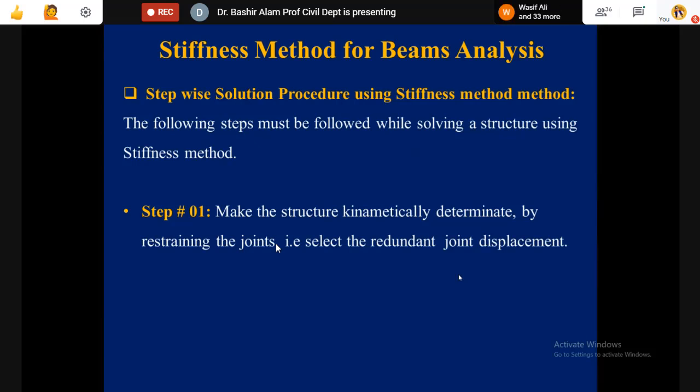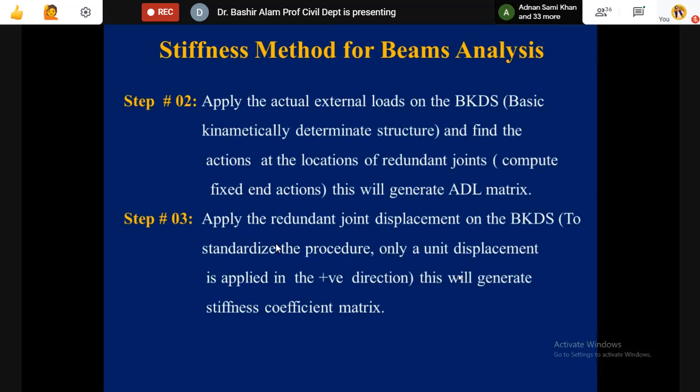Stepwise solution procedure using stiffness method. Step number 1 is make the structure kinematically determinate by restraining the joints, that is, select the redundant joint displacements. Step number 2, we apply the actual external loads to the restrained structure and we generate the ADL matrix on the restrained structure.